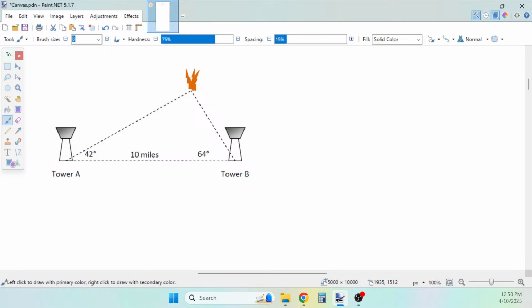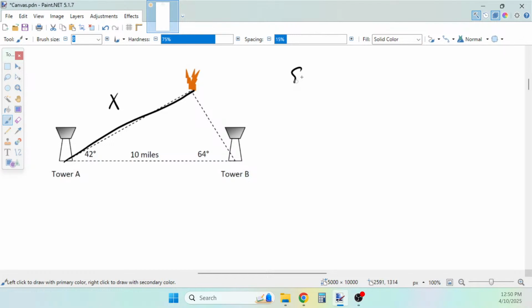It says that the fire towers are 10 miles apart, and a ranger at fire tower A spots a fire 42 degrees north of tower B. Rangers at fire tower B spot the same fire 64 degrees from tower A. How far from tower A is the fire? Looking for this.